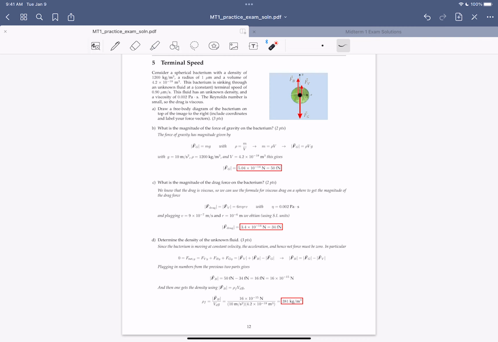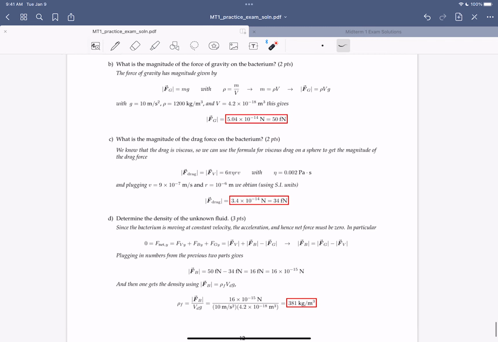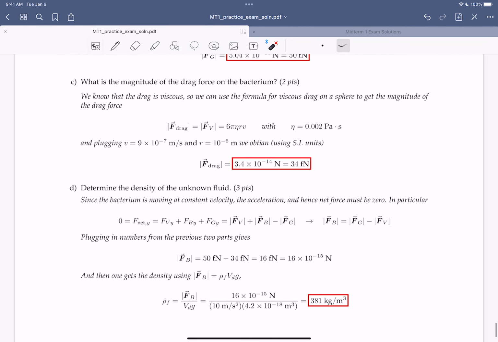Did you just do a miscalculation or something like that? Part D, okay. So part D is determine the density of the unknown fluid, okay.